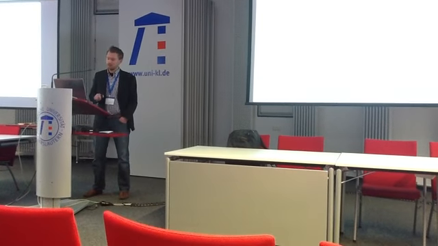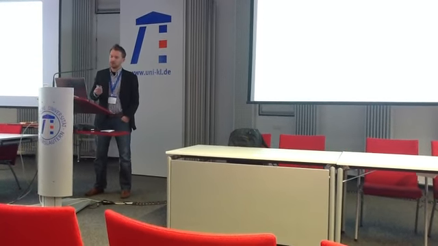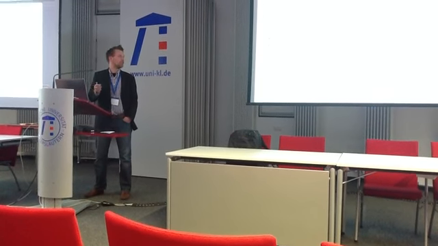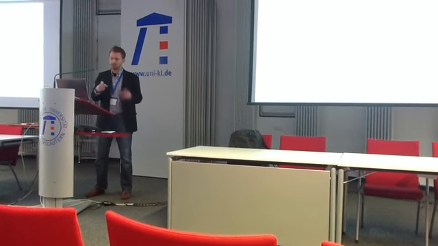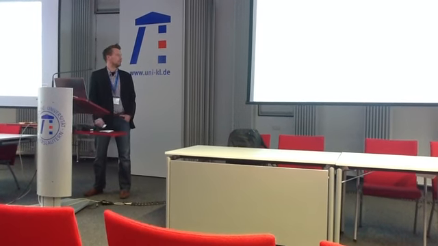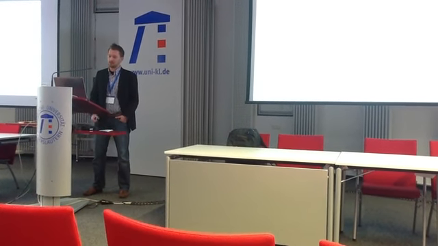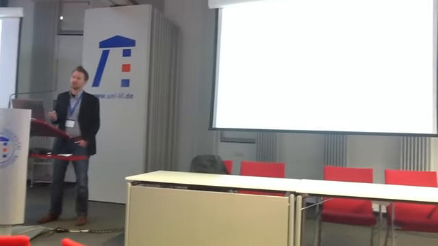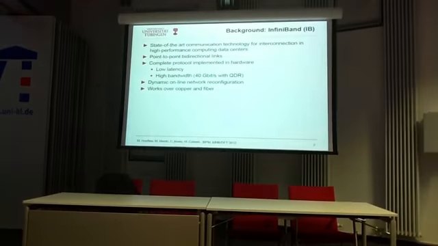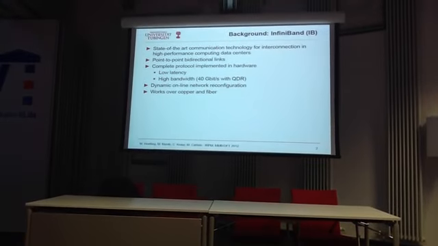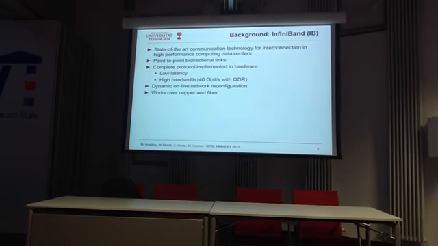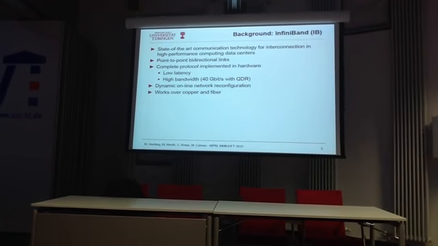You have one entity in the whole network which does network administration, which gives addresses, like IP addresses in TCP/IP, does the network routing calculation and deploys the routing information to every switch. So every switch is very dumb, so to speak.